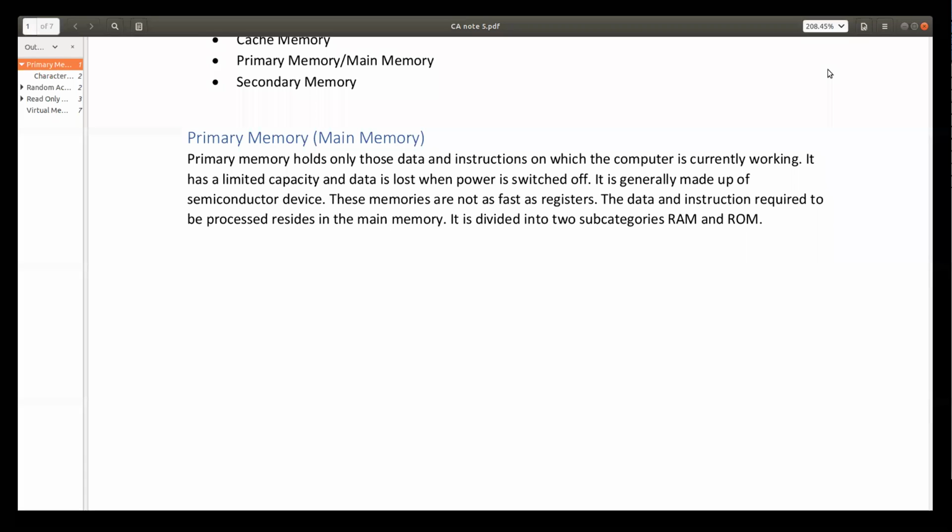Whenever you switch off or shut down your computer, all the data will be flushed out from the RAM. So RAM, or main memory, does not hold data permanently. It holds data temporarily, and that's why RAM is known as a volatile memory.